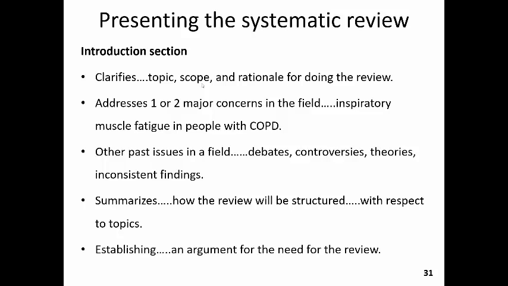The argument for the need for the review is going to be based upon how well formulated the rationale is, as well as the effectiveness that the authors can build in precedents through the effective use of citations of previous studies to formulate the basis for doing the systematic review.